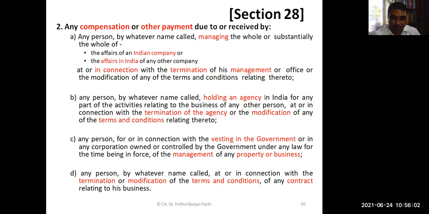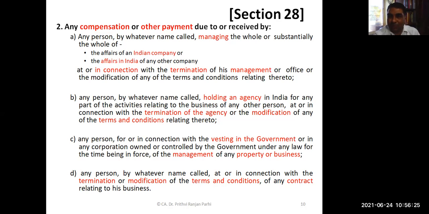So this is one example of compensation. Secondly, a person, by whatever name called, holding an agency in India for any part of the activities relating to the business of any other person, at or in connection with termination of his agency or modification of the terms and conditions relating thereto.